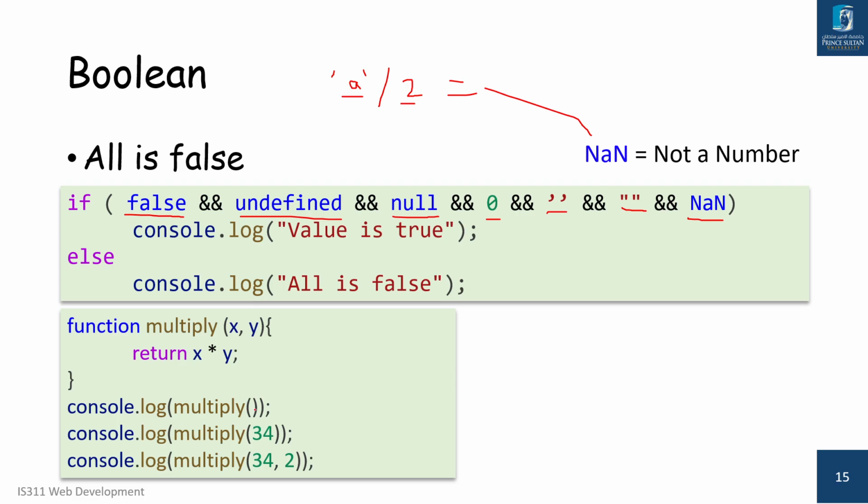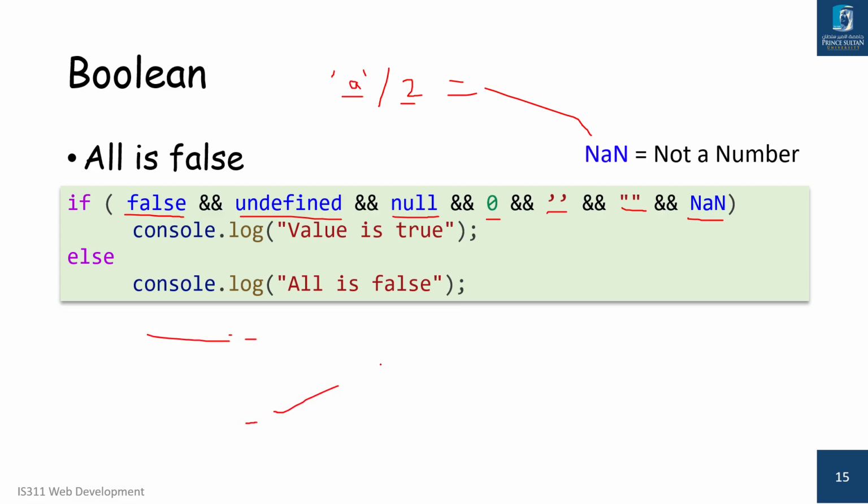Here we say multiply x and y. In the first one, we call this method multiply without giving any values, so x will be undefined and y will be undefined. When we multiply undefined with undefined, the result is not a number.